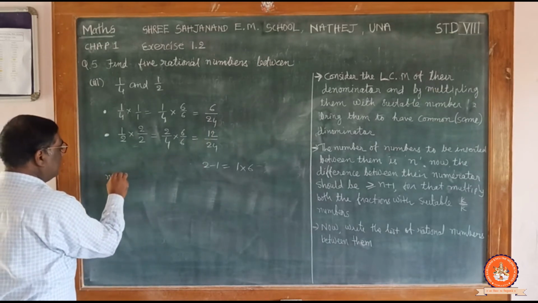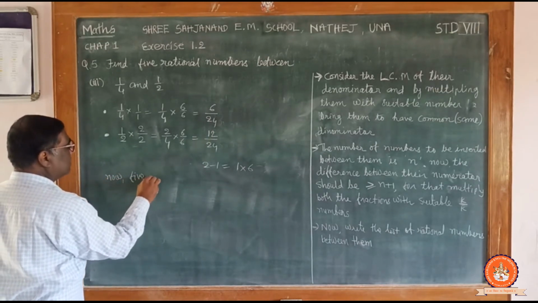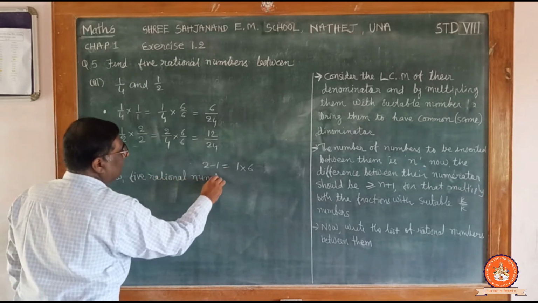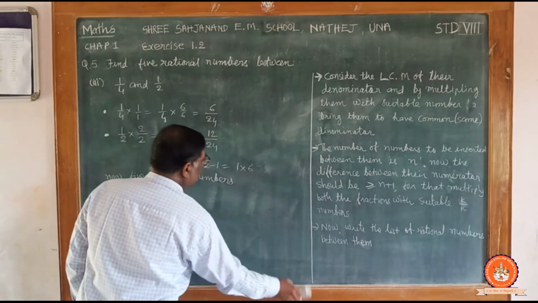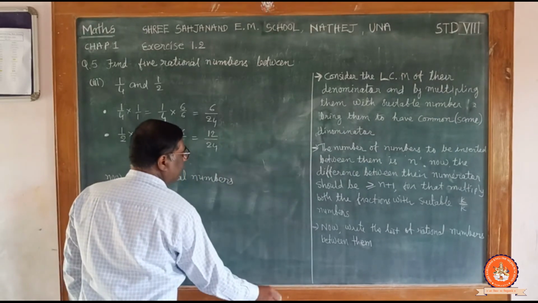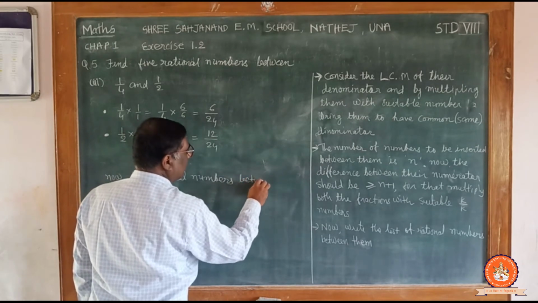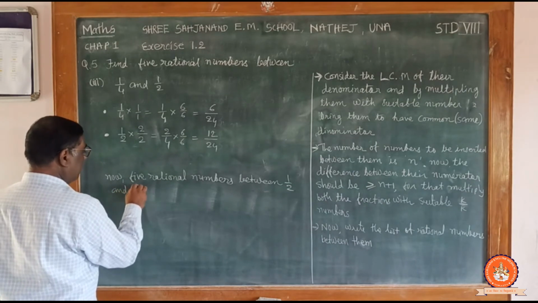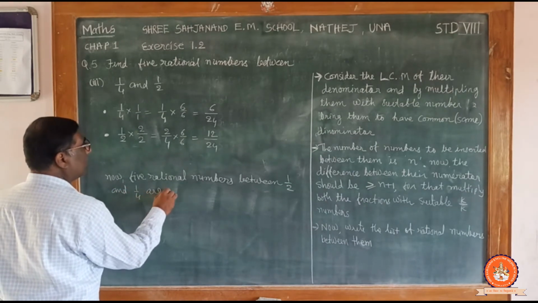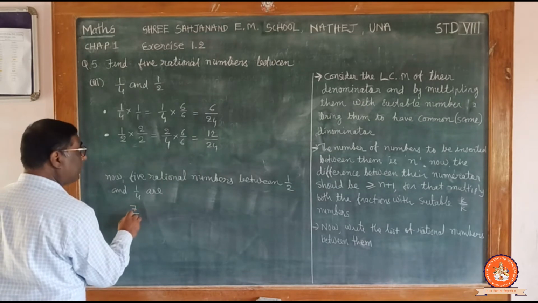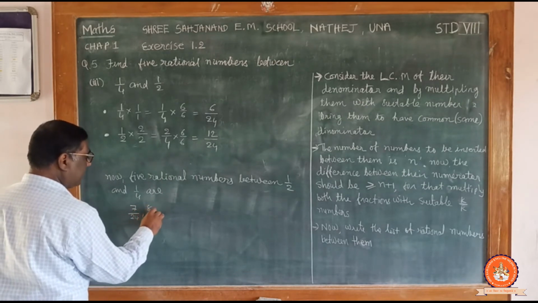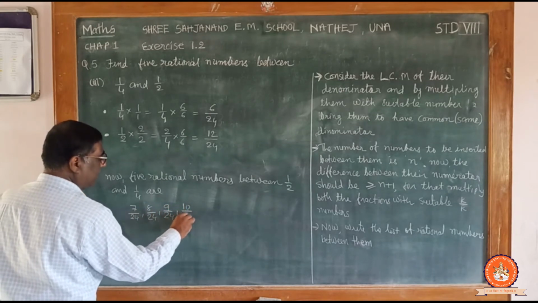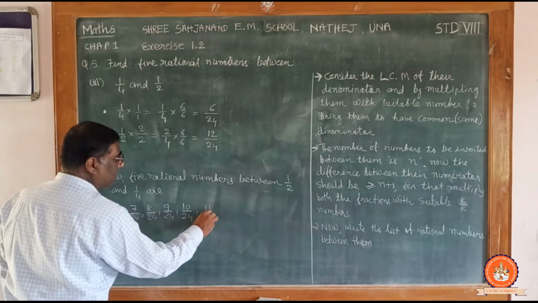Now 5 rational numbers between 1 by 4 and 1 by 2 are 7 upon 24, 8 upon 24, 9 upon 24, 10 upon 24 and 11 upon 24.